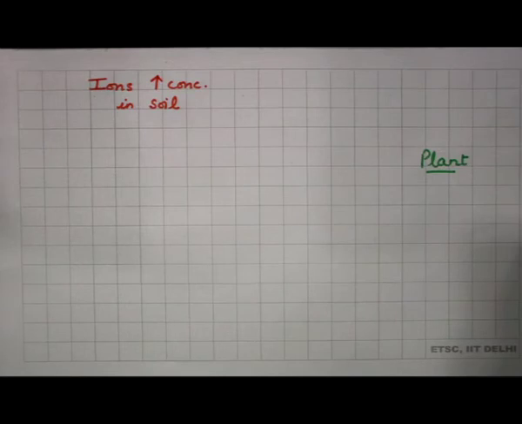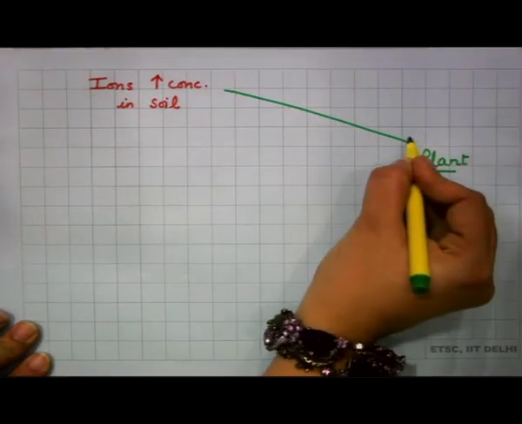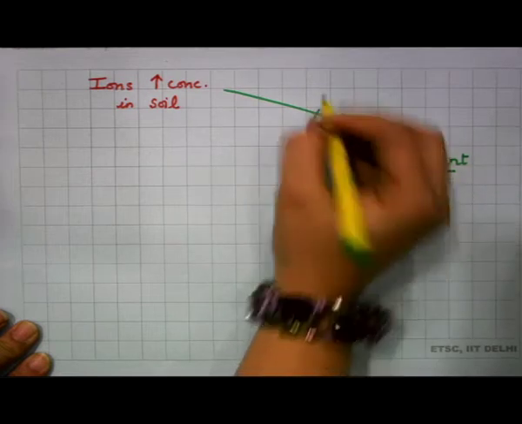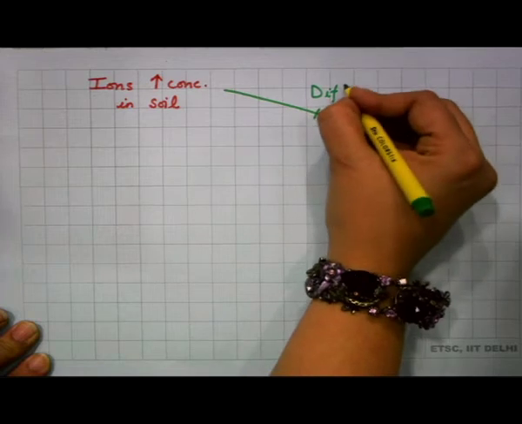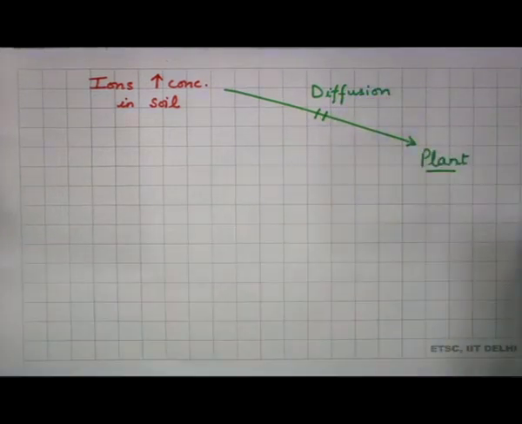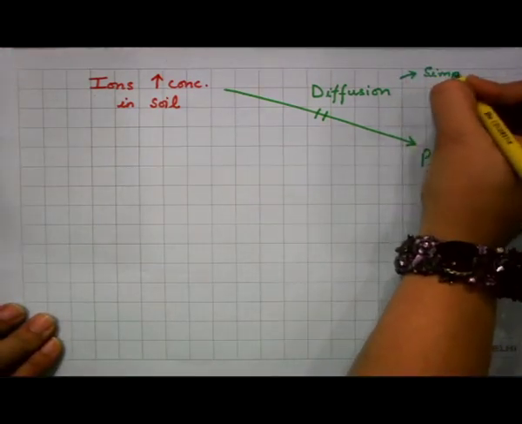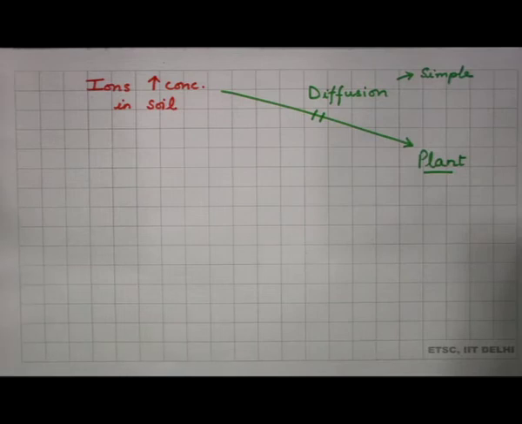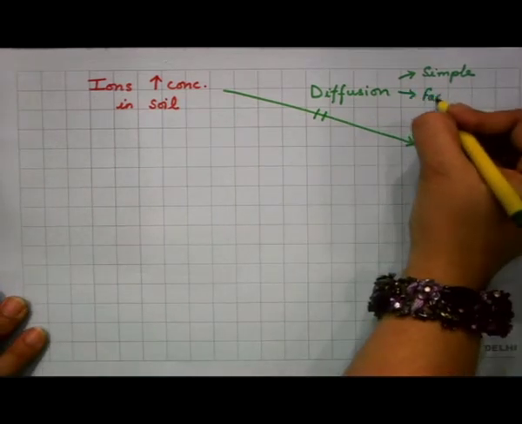If the ions are present in high concentration in the soil, they will be uptaken by diffusion. And this diffusion can be simple diffusion, if the ions are able to pass through the membrane on their own, or it can be facilitated diffusion.